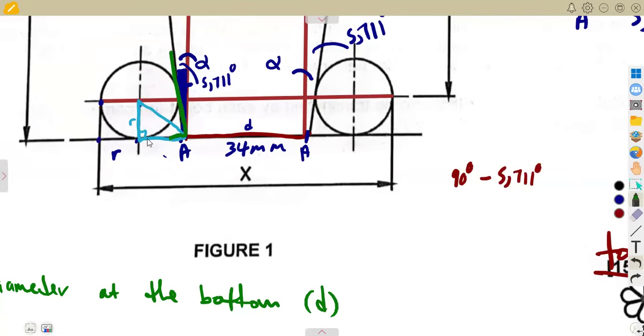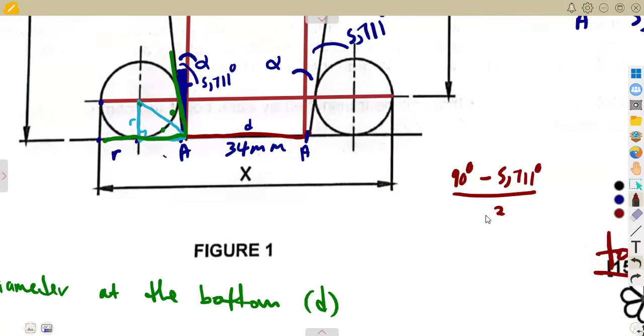This is the angle that you're going to remain with, which is a combination of this angle and this angle. And this line, because it's drawn from the center to this point, bisects this angle into two equal parts. We talked about that. So to find one of these angles, we are going to divide by 2 because it is bisected into two equal parts.